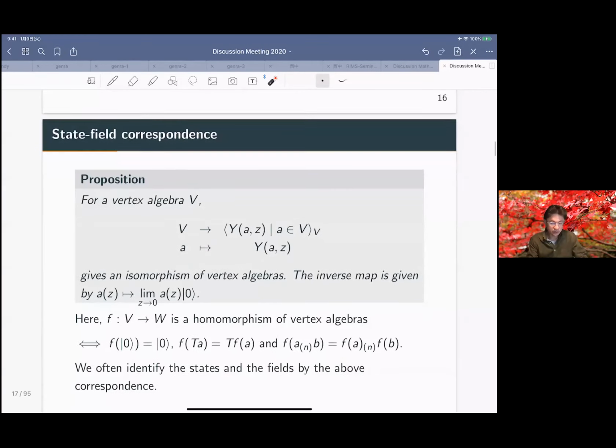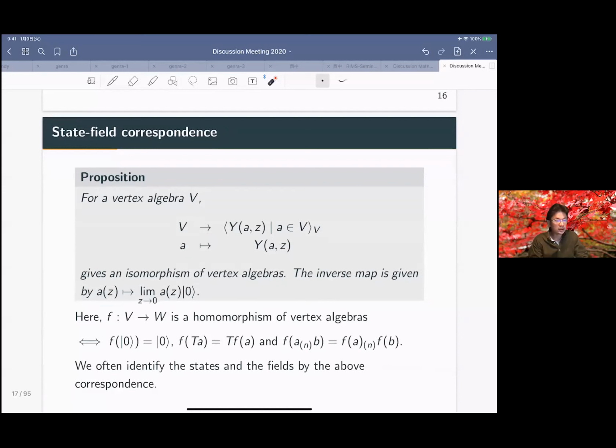Because of this proposition, we often identify the state space V and the space of fields on V.